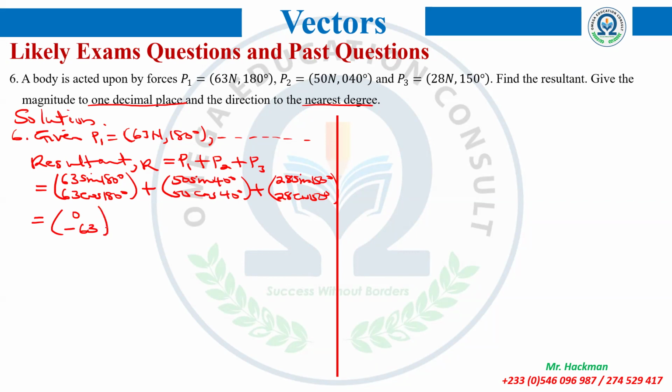Plus 32.1394. 38.3022. Then the last one.